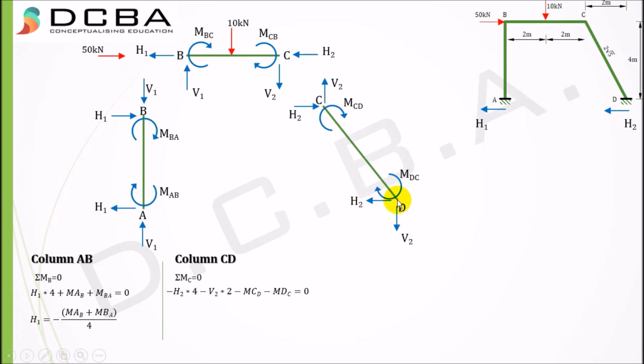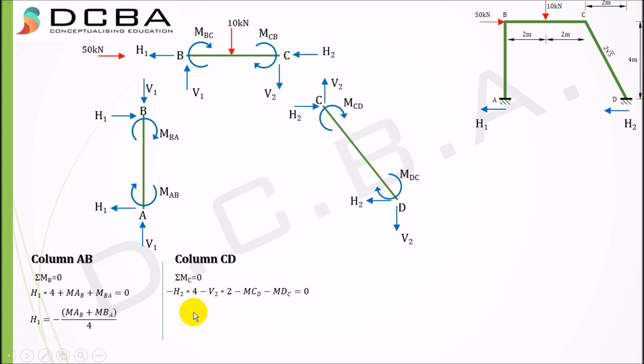So this force is trying to bend it this way, which is causing a hogging shape or a sad shape, which is negative. Again, V2 is trying to hog my beam, therefore it's negative. So all these are negative for me, but you can assume any sign convention of bending moment, whichever is easier for you.